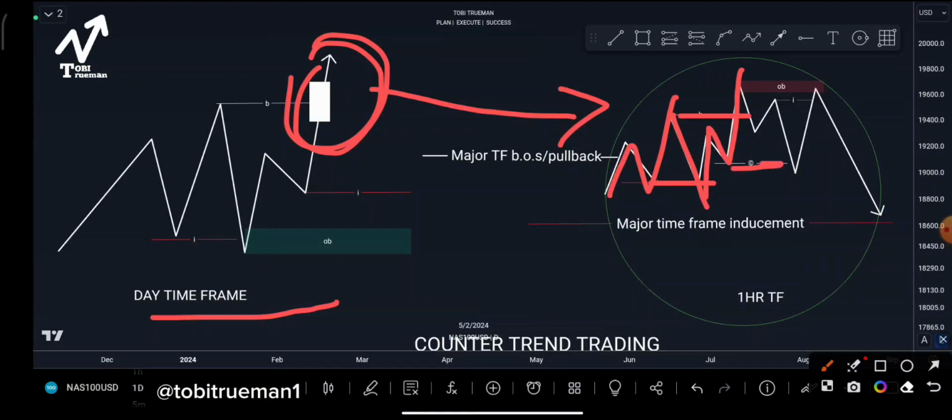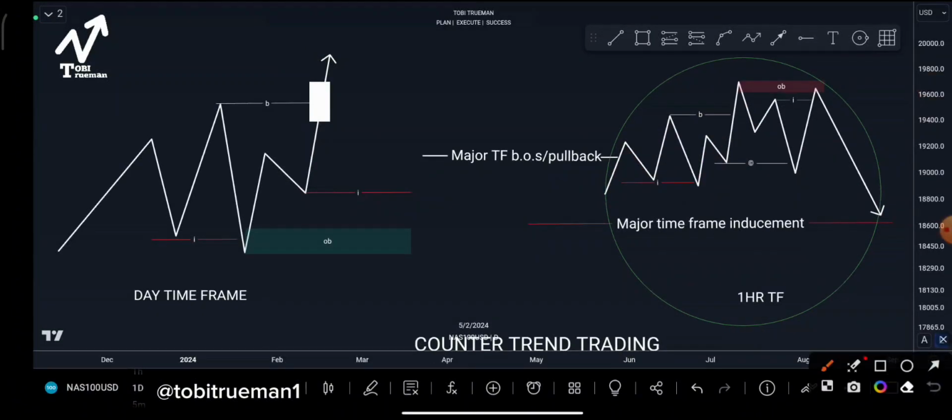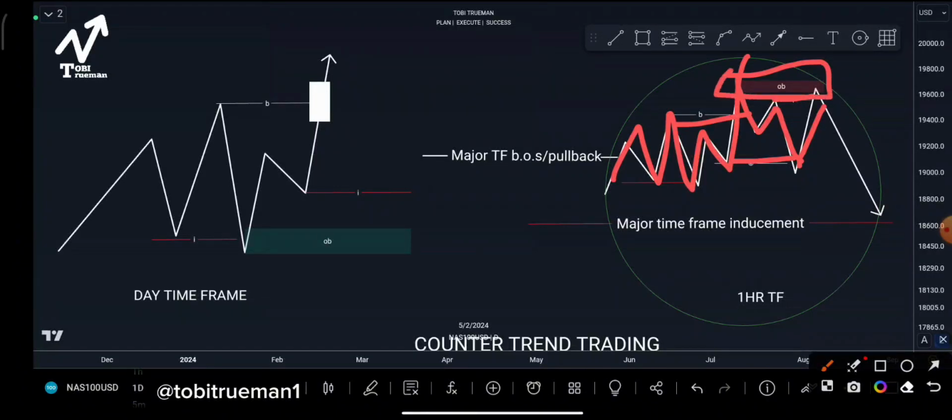This point is supposed to be our inducement to continue to buy, but since this is the first move, a lot of people will look at it as a change of character. No, the best option here is that after there is a break of structure, this pullback here is our change of character. Then we need another inducement to tap on our extreme order block.